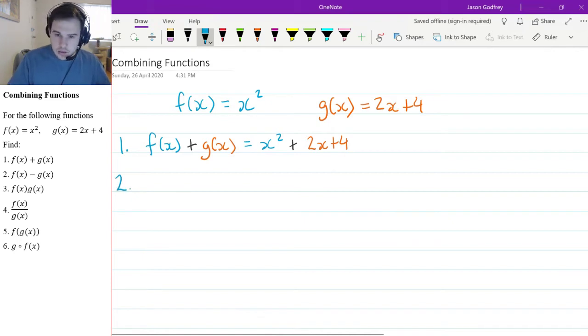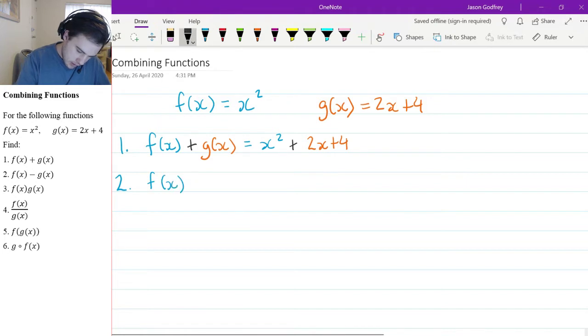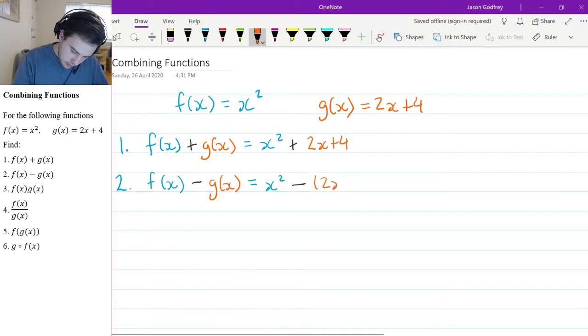Okay, question 2 is to do f of x minus g of x. So our function called f is x squared, and then we're going to subtract. Now if we're going to subtract 2x plus 4, g of x, we're going to have to subtract the whole thing.